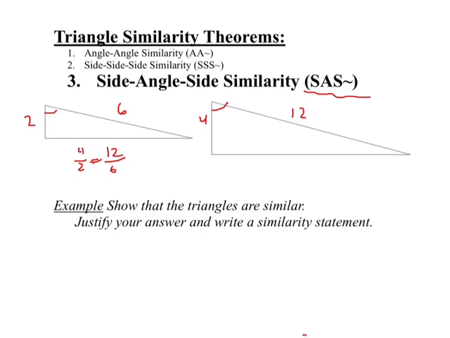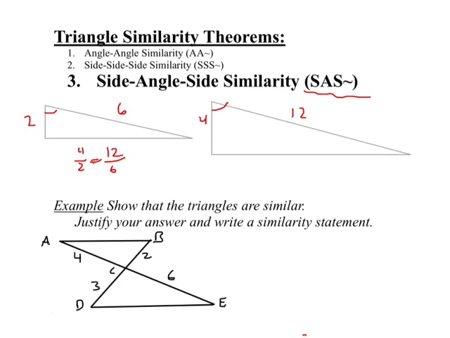Okay, let's try a quick example here. So here we have a picture, a lot like the one we had a couple examples ago. In this one, we're given some different information though. We're given two sides.